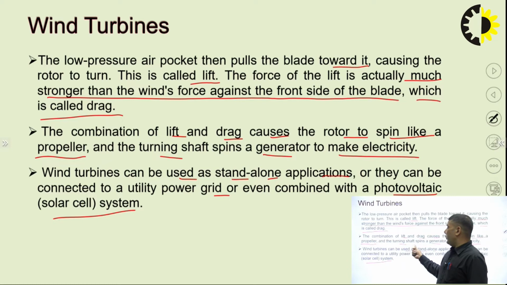If the wind energy output is not enough to run heavy industry, then you can merge it with solar power plants, and they can operate together and run the heavy industry also. So they may act in collaboration with the solar industry. The future is very bright as far as India is concerned for both solar and wind.